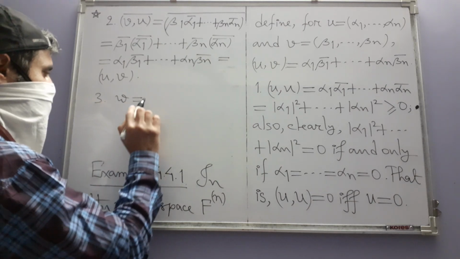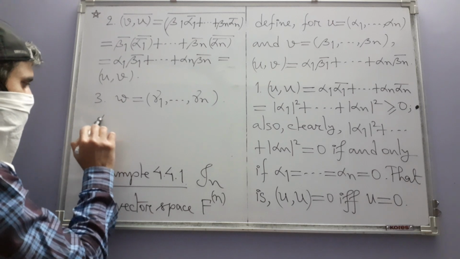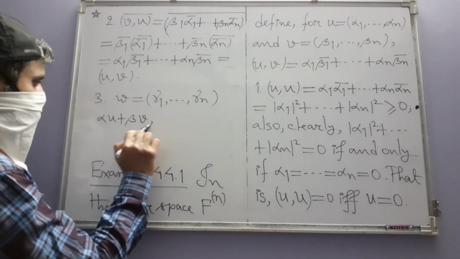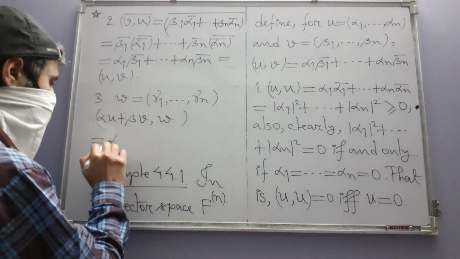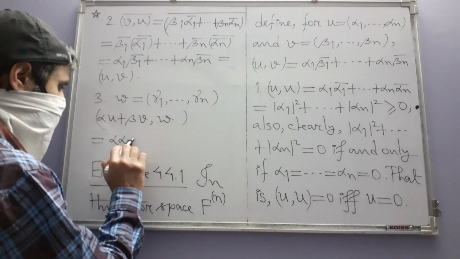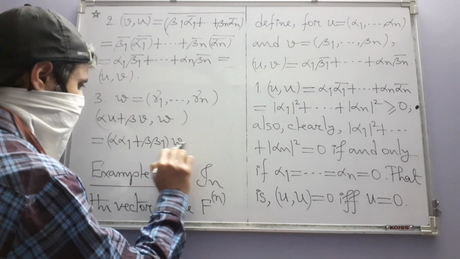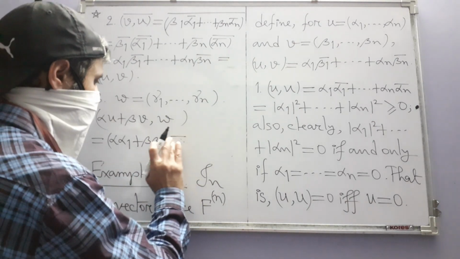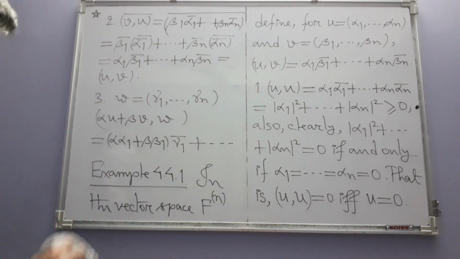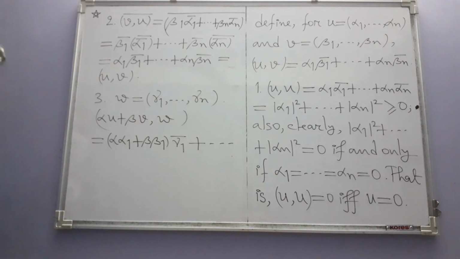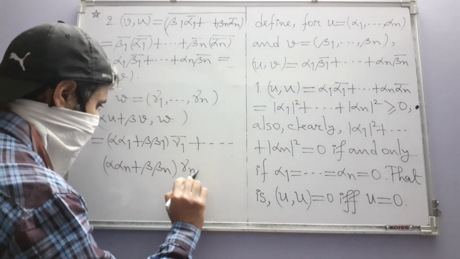Let w be this n-tuple with components gammas, then alpha u plus beta v comma w will be equal to alpha 1 plus beta 1 times gamma 1 bar, plus so on, alpha n plus beta n times gamma n bar.